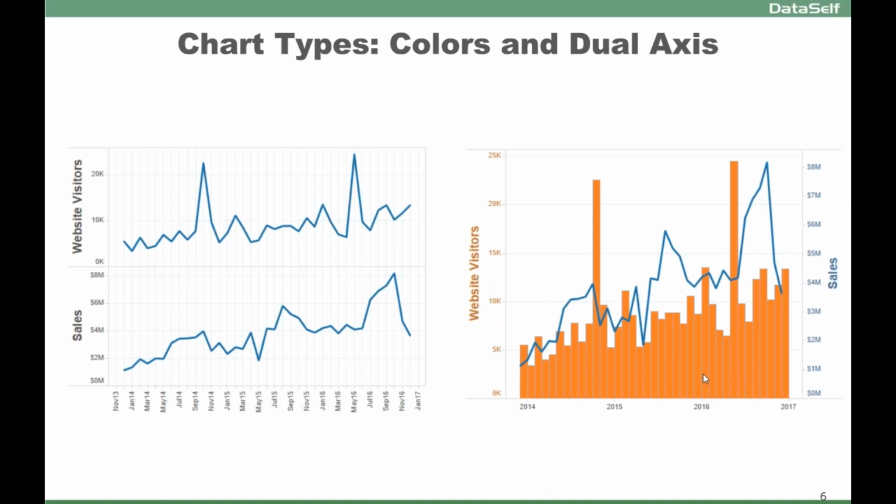So the orange bars are for the website visitors, and sales is the blue line. It's using the same real estate as the original report, but now it's so much easier for them to analyze how the spike in website campaigns relates to how long it takes to actually get more business. Very clean and very informative.